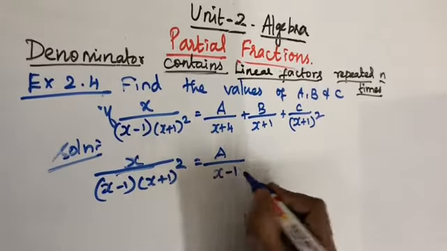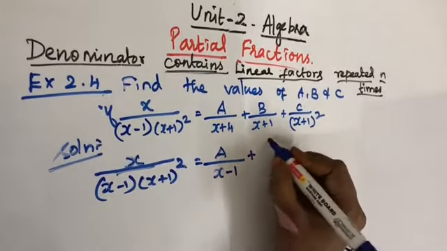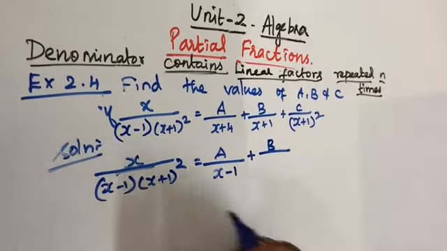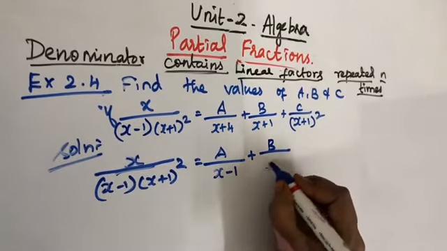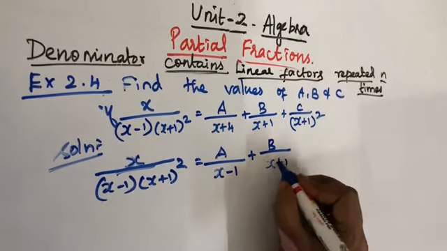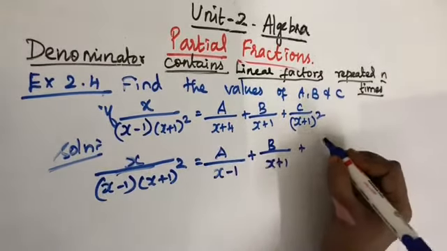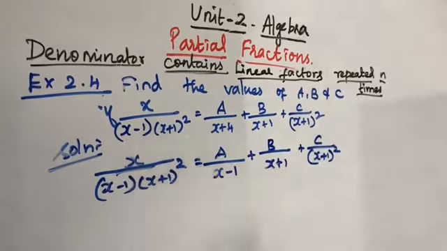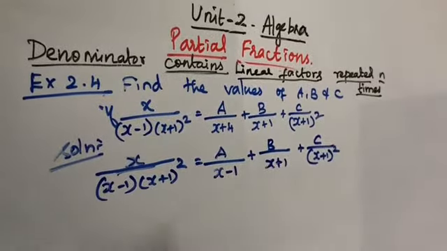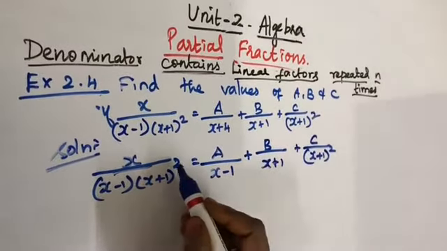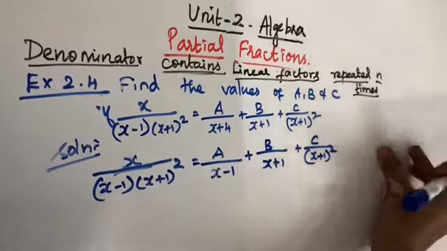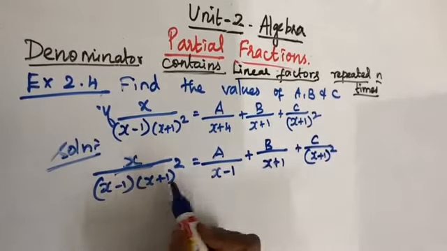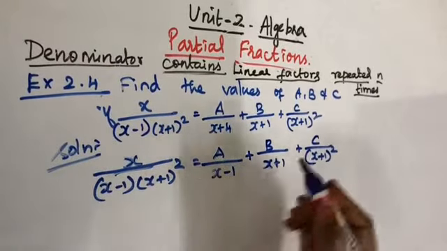A by x minus 1 plus b by x plus 1, 2 times x plus 1 is there, so b by x plus 1 plus c by x plus 1 the whole square. This is our usual way of writing. If it has power 3, then you have to write one more term. So a by x minus 1 plus b by x plus 1 plus c by x plus 1 the whole square.